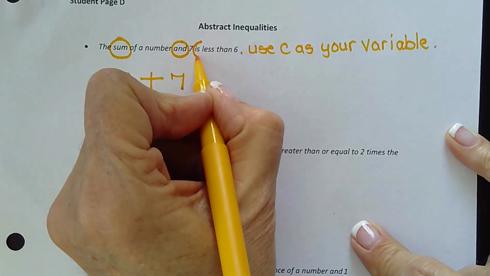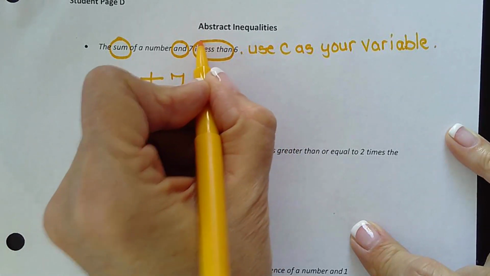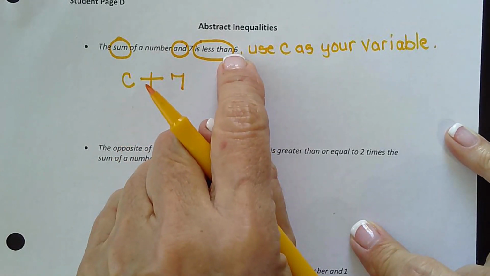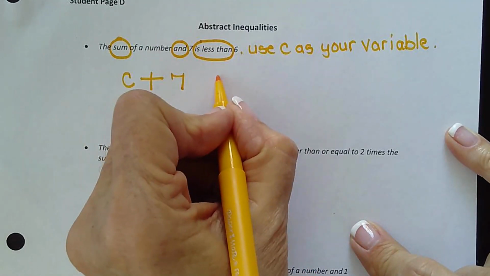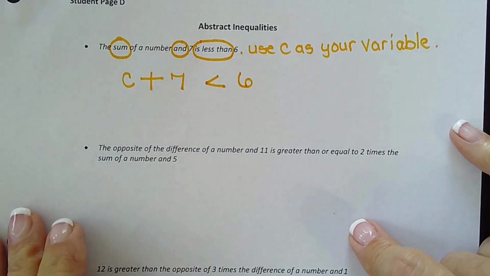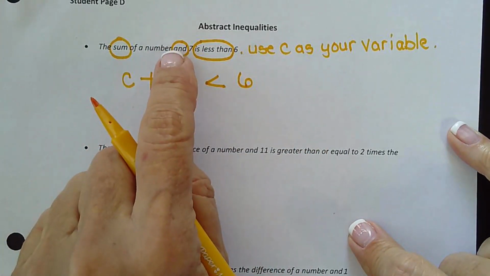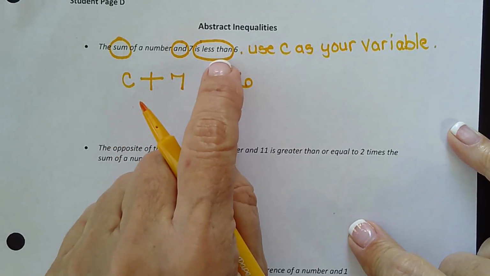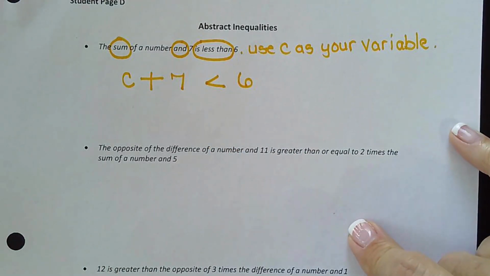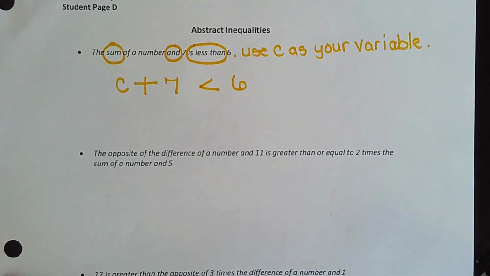Oh, you guys are very familiar with this. If the 3 words are all in a row with no interruption, that means it's the inequality symbol. So is less than 6. So C plus 7 is less than, make the L symbol, 6. And it doesn't ask us to solve, so it's just a translation.